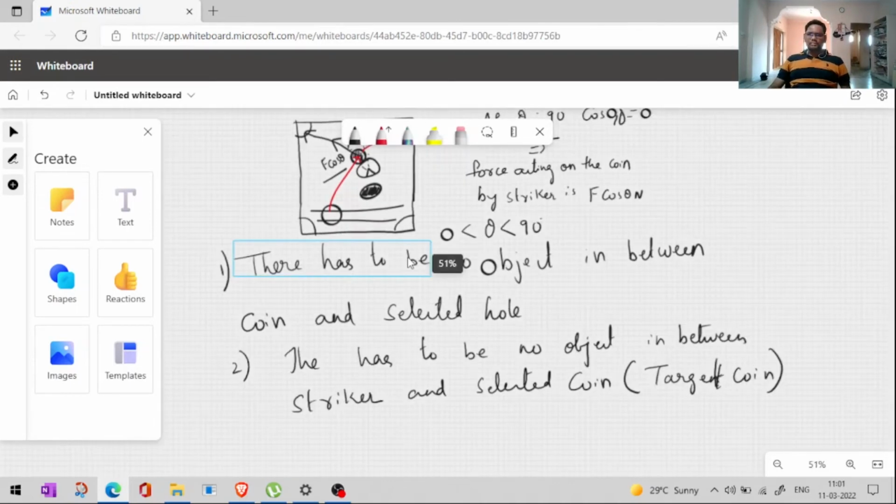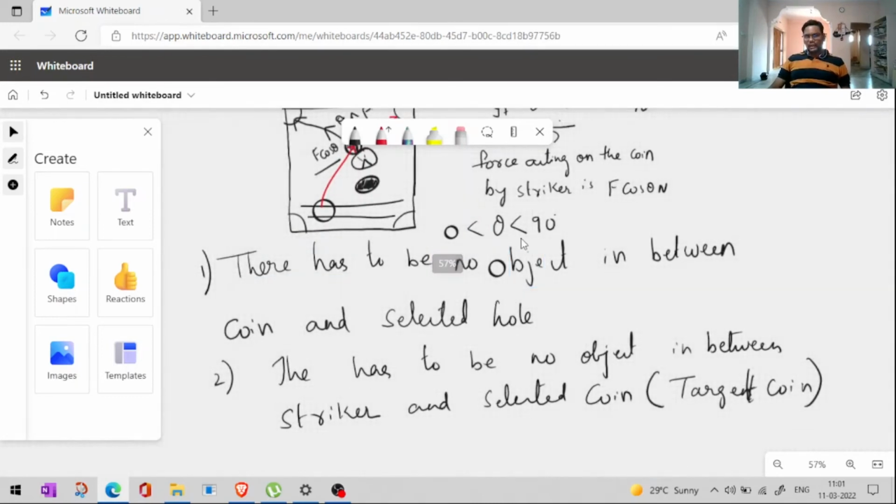So these two are the basic things that are required. We need to calculate our angle, and also we need to check these two conditions, and only then can we go ahead.